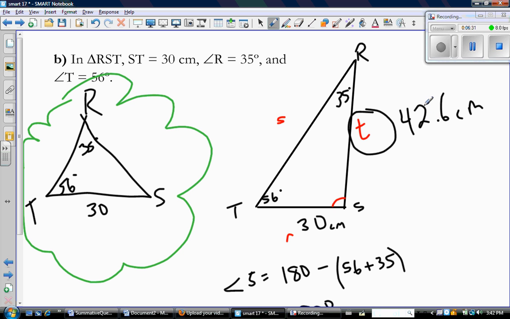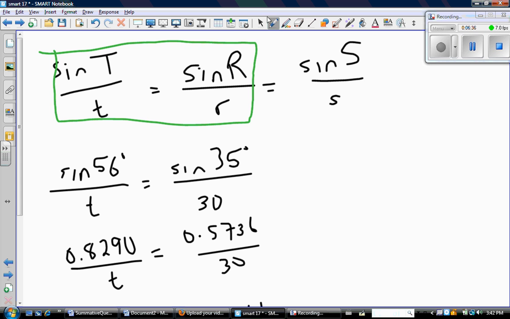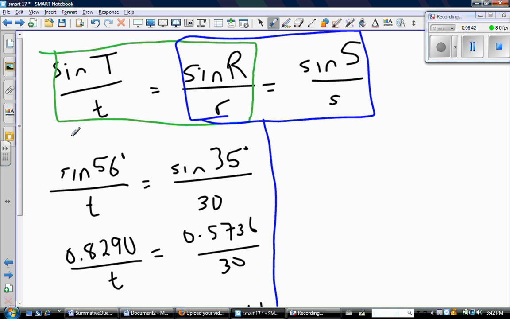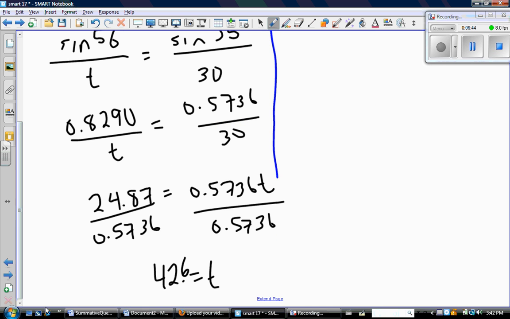Now let's find the length of S. Now I'm going to use this equation. Let's just draw a line down the middle of the page here, because math tends to be done vertically.